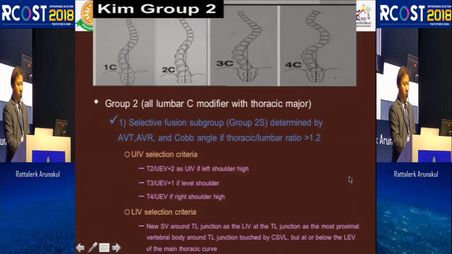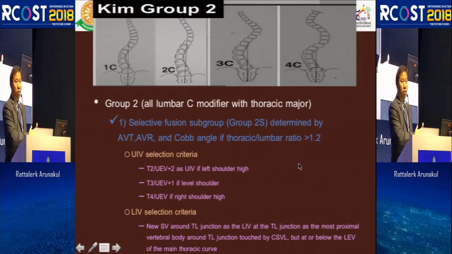Then group 2 is the main thoracic, but with the lumbar C modifier. Number one, the selective fusion subgroup, which they call group 2S, is determined by the AVT, the apical vertebral translation.